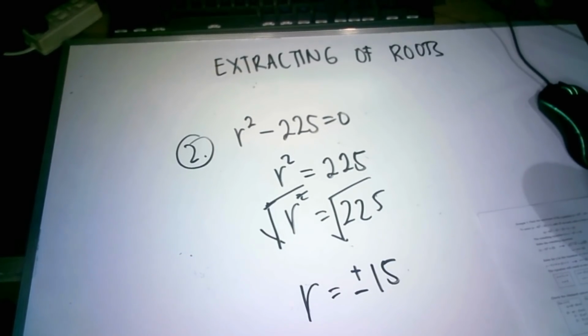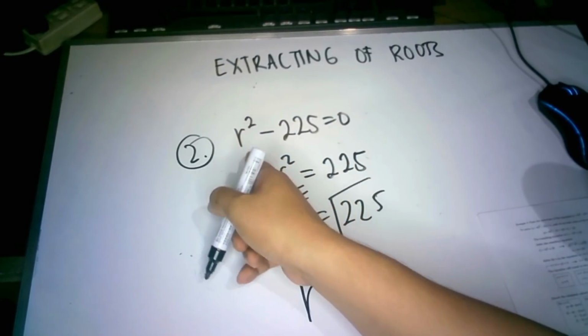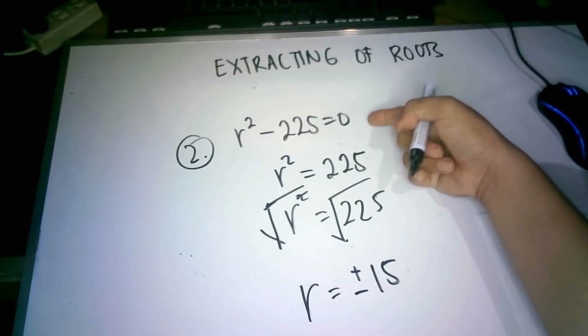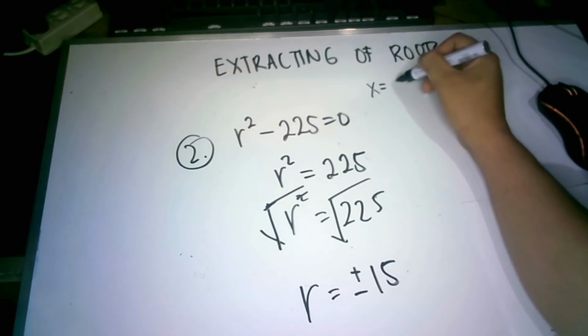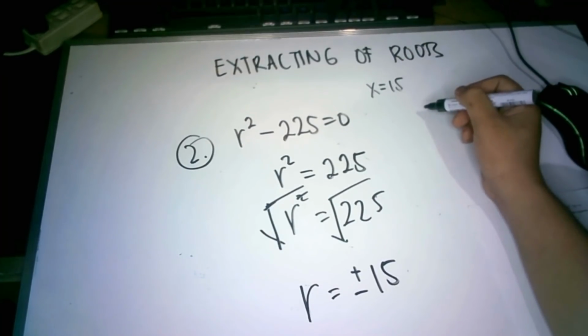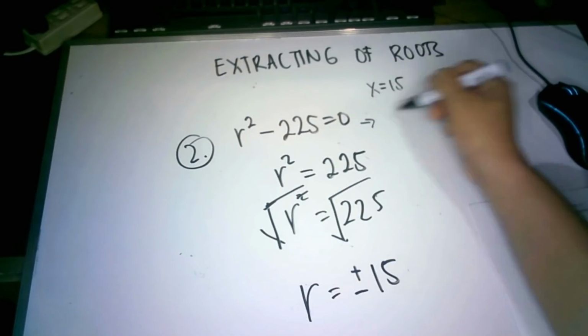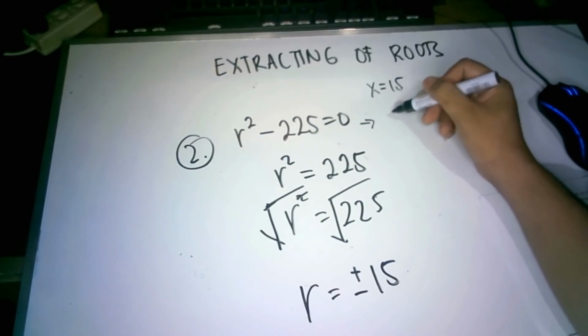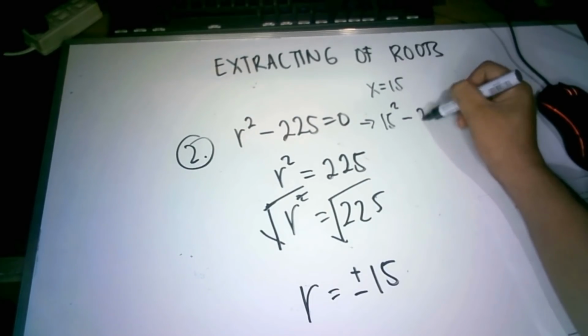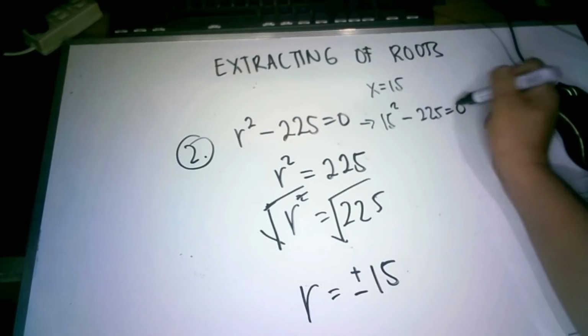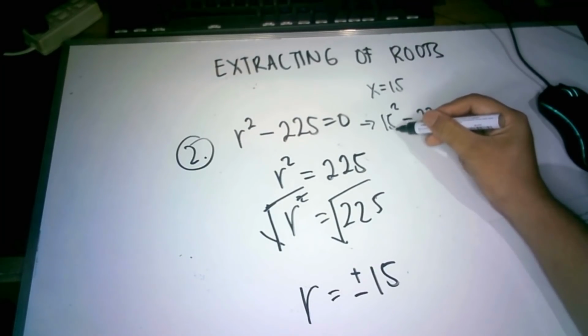Now, if you're going to check that one class here, magiging equal to 0 kaya itong equation na to. Let us try to see. Halimbawa, x is equals to positive 15. So, ang mangyayari, when you substitute that one, magiging 15 squared minus 225 equals 0. And what is 15 squared?